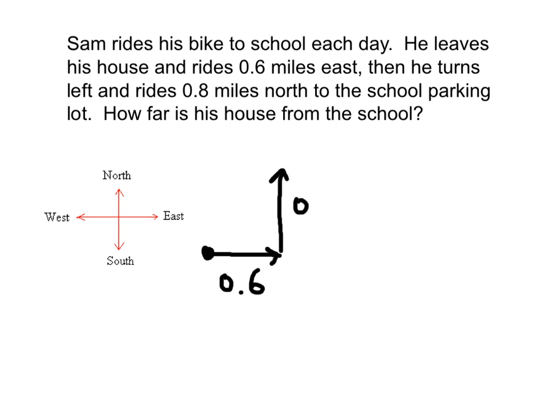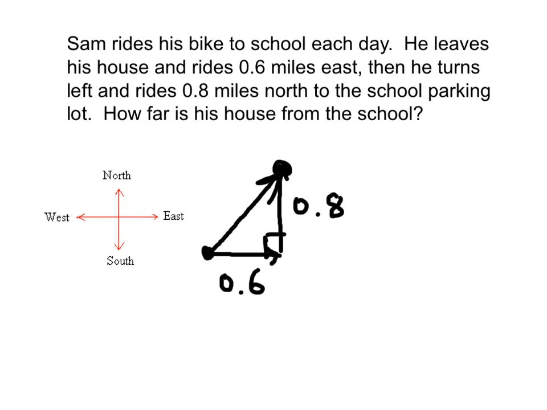That would be this direction, up. And the question is, how far is his house from the school? So in other words, if he could just ride in a straight line right to school, if there was nothing in the way, how far is the house? So we're talking about this distance right there. So again, when you turn from east and head north, you are making a 90-degree turn. So this is a right triangle. Pause your video, solve for the distance, restart to check your answer.